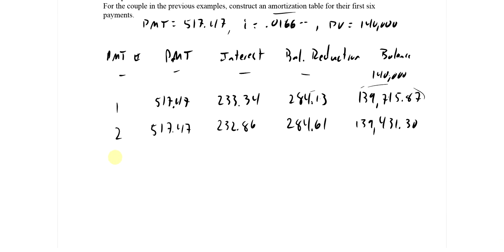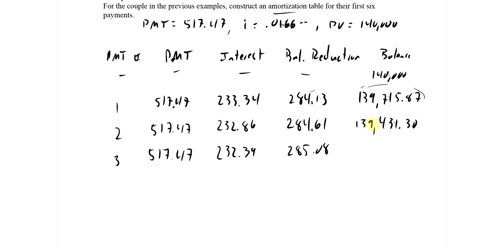Great. So what about the third payment? Well, third payment is the same, right? How much of that goes to interest? Take this number, the balance, times the interest per period, and you can calculate those two, and it's 232.39. So that goes to interest. How much goes to paying off your debt? 285.08. So a little less than half of your payments at the beginning of the loan are going off to pay off interest rather than going off to pay the balance.